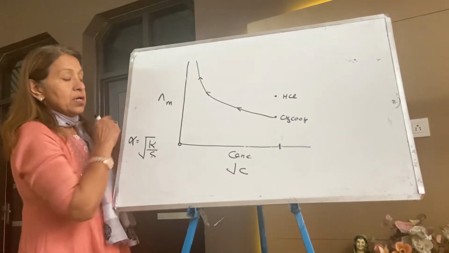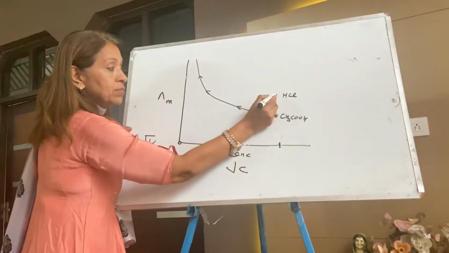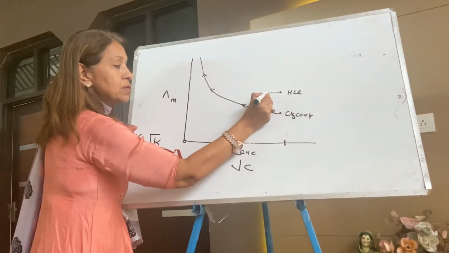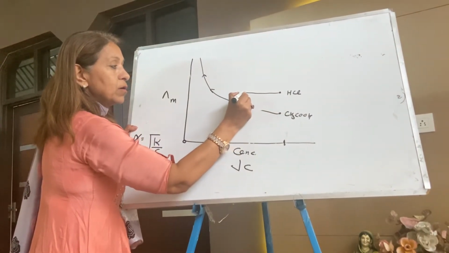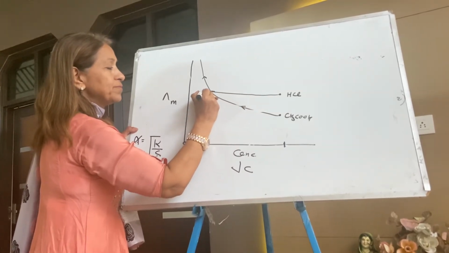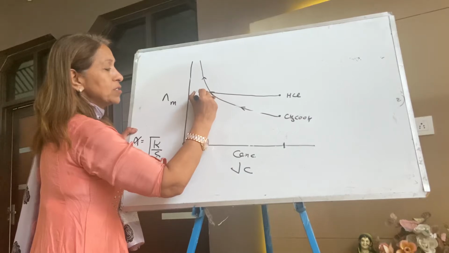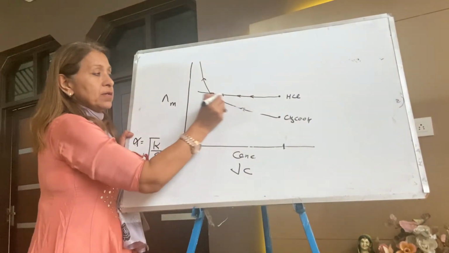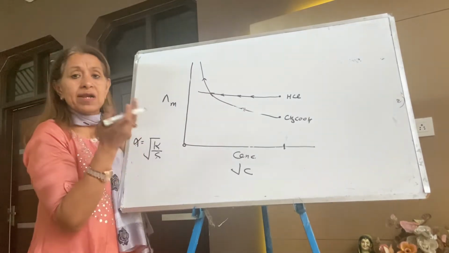But lambda m of the strong electrolyte increases to a very, very small extent. Very small extent. Why? It increases, but it increases to a very small extent.